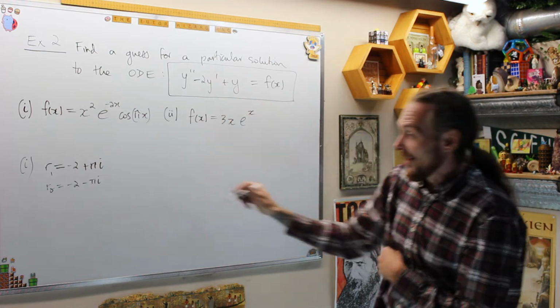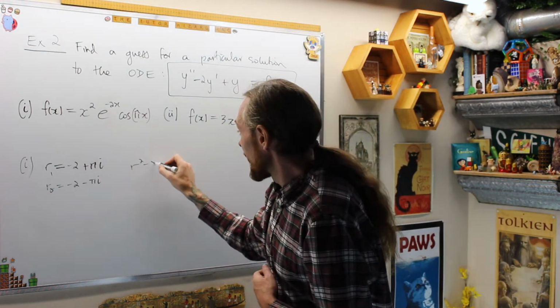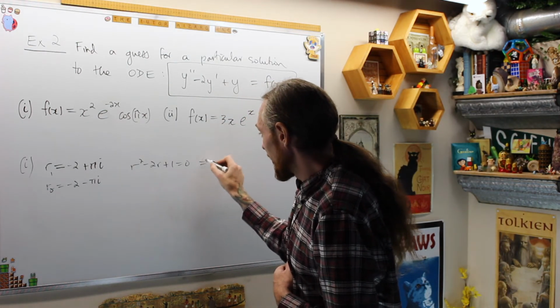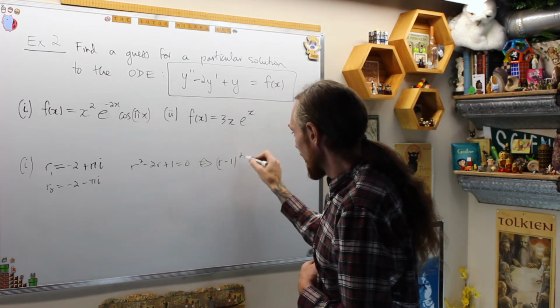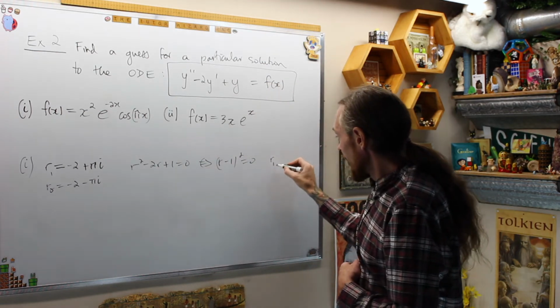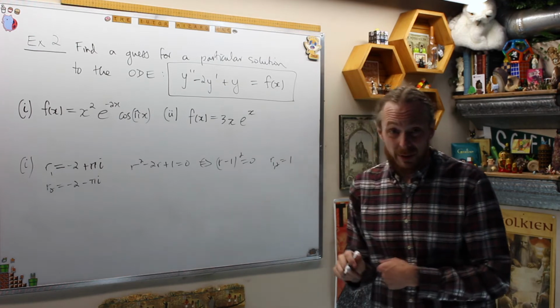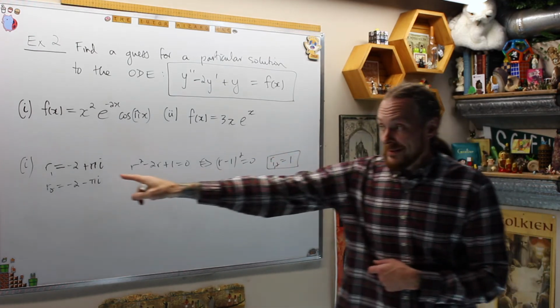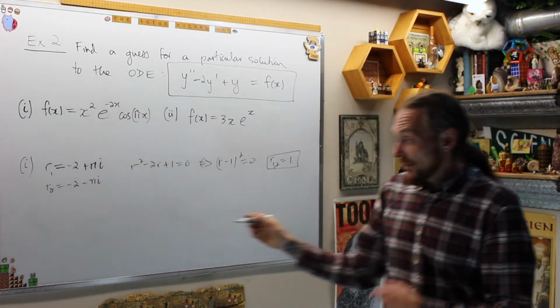Hopefully you can see that our auxiliary equation is r squared minus 2r plus 1 equals 0, if and only if r minus 1 squared equals 0. So we have r1,2 equals 1. We have a double real root. And so this is definitely not a root of my auxiliary equation.